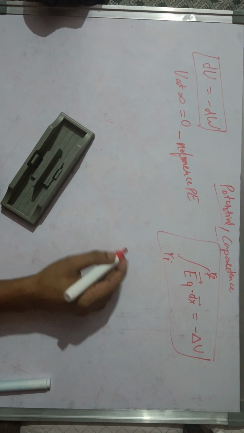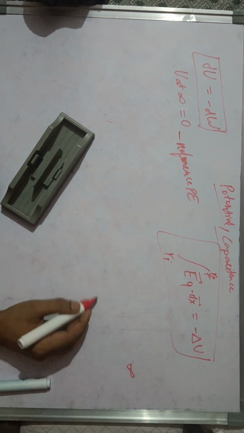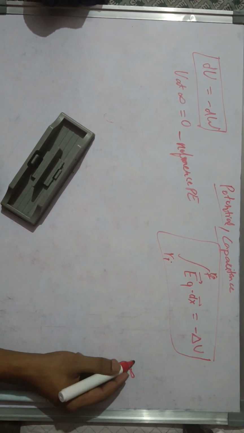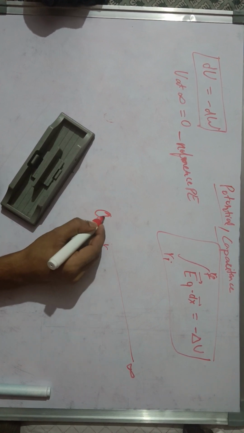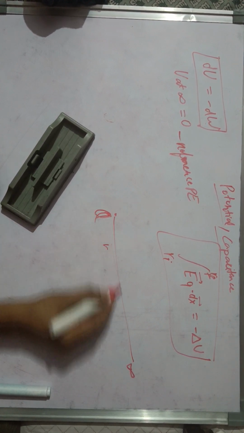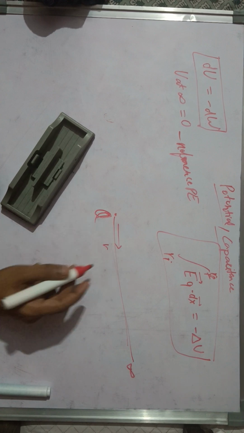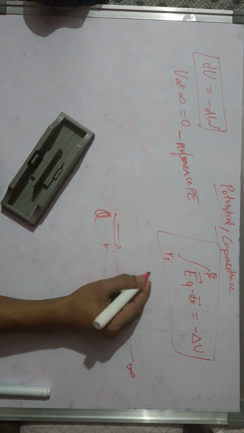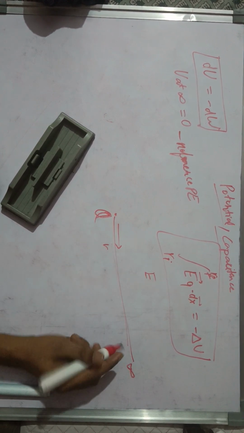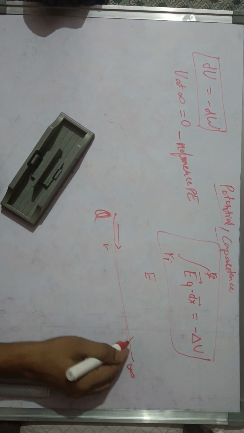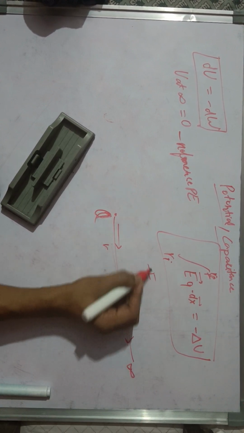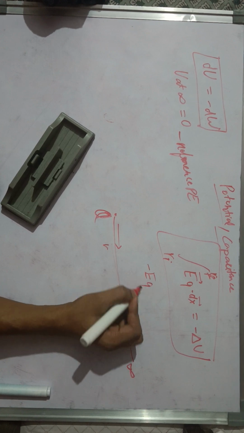Now if the particle is initially at infinity and I am taking it to a distance r from this charge q, since I am moving it towards this charge and the electric field is pointing in this direction, the dot product will be negative.